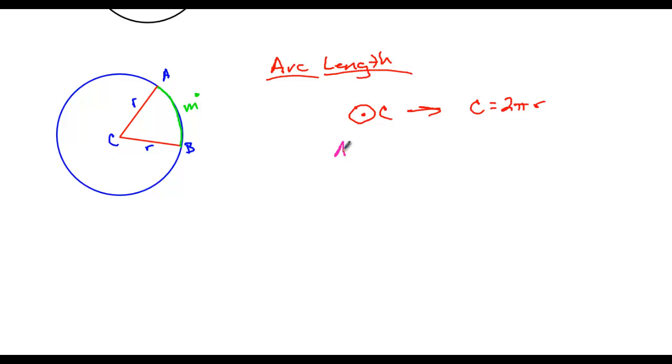Well, the arc length is exactly like the area of the sector from before, in that the arc length equals the circumference times the ratio of the arc measure to the measure of the entire circle. Okay, this is 40 degrees, it's 40 over 360.